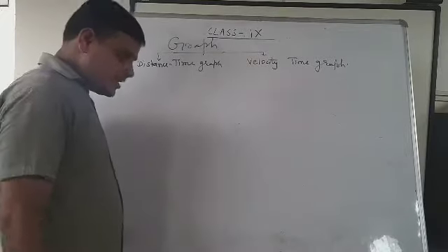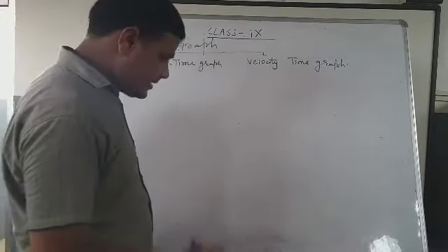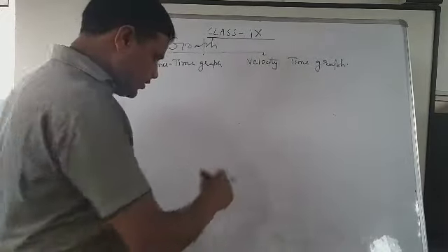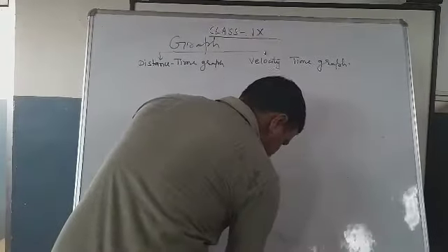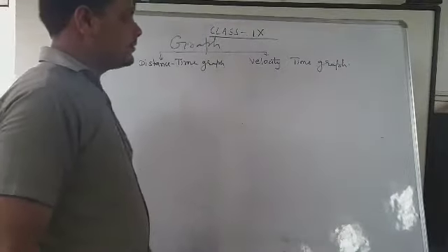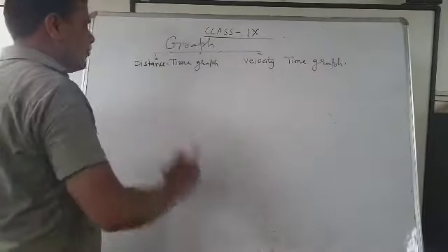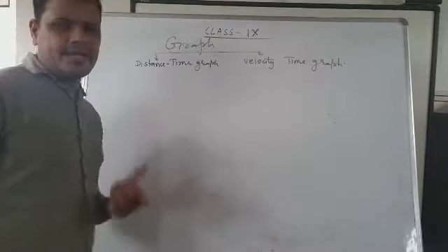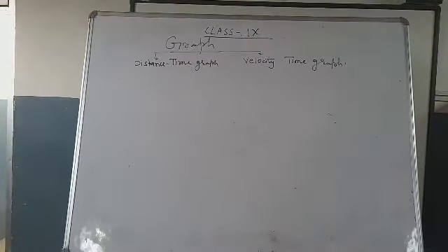One is the distance time graph and the second is the velocity time graph. Now, let's see what is a distance time graph and what is a velocity time graph.